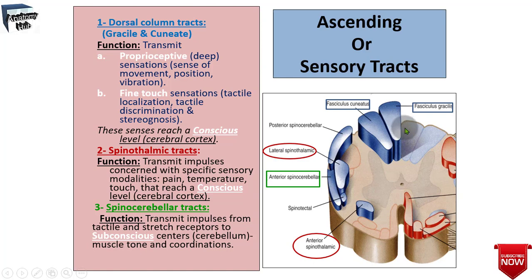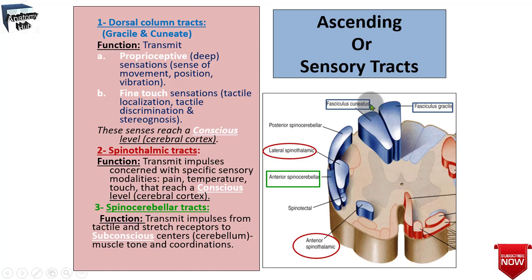They contain mostly heavily myelinated fibers that carry proprioception, exteroception, and vibratory sensation to the higher level. The axons from the posterior root ganglion enter through the dorsal root of the spinal nerve and split into two types of branches upon reaching the dorsal column.